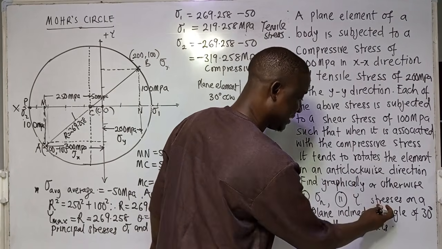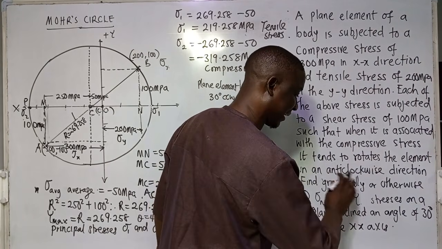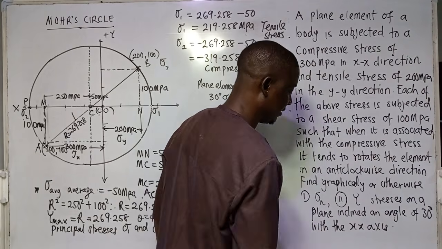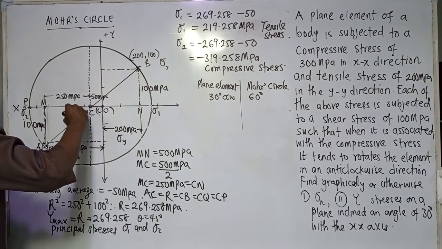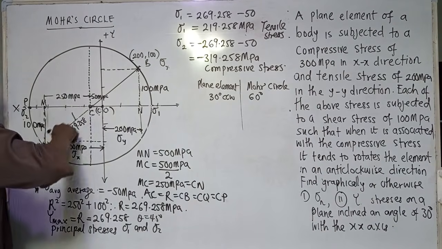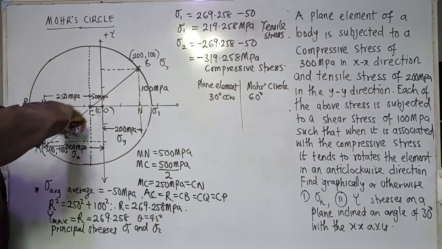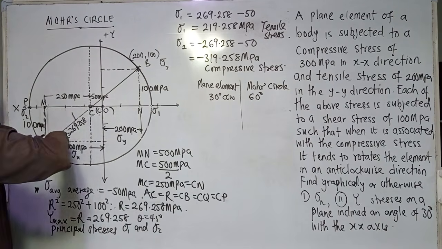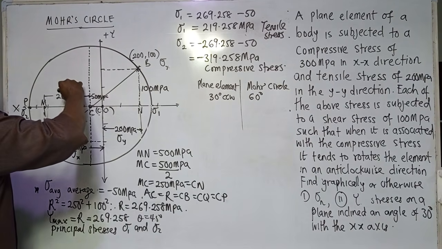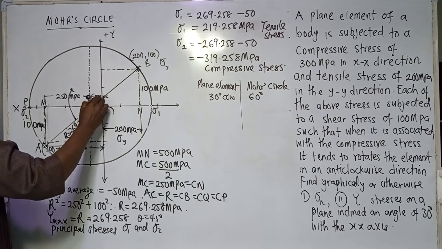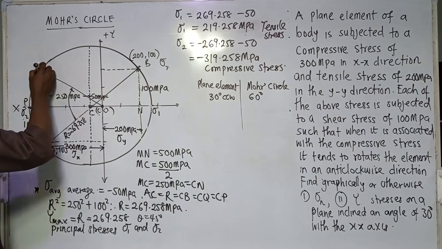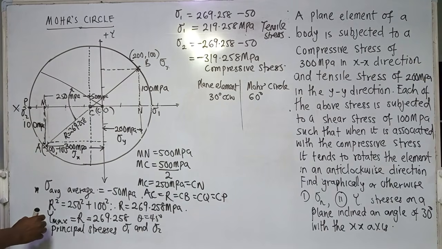If the plane is inclined at an angle of 30 degrees to the axis, that means you are going to move from the maximum shear stress, which is from the bottom here, and rotate 60. Meaning that we want to have 60. Look at it, at an angle of 60 degrees.